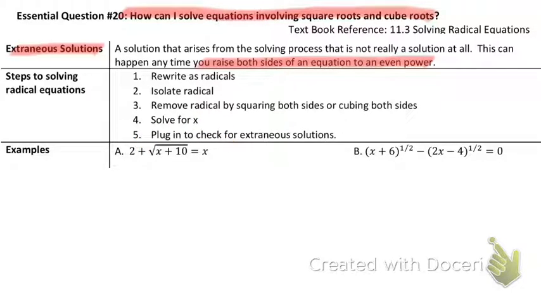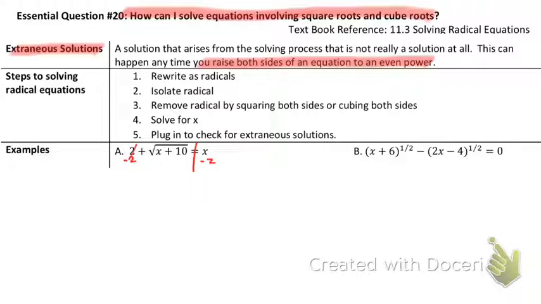To help us do that, I'm going to put a little line here to designate the left side of the equation and the right side of the equation. As we look, the square root is not isolated. We have to move things outside the square root to the other side. We have a positive 2 here. To get rid of a positive 2, we simply subtract 2 from both sides.